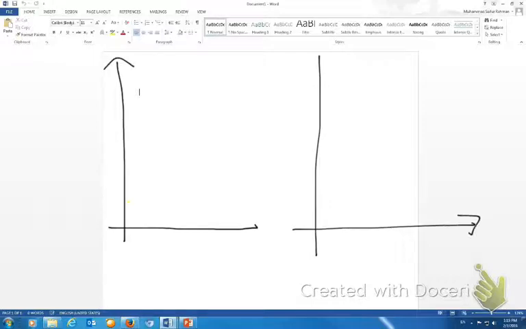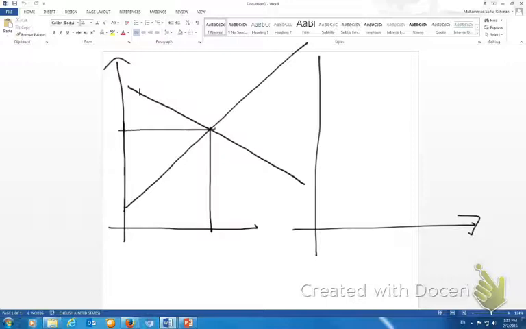let's have the demand curve kind of like this. Okay. Let's have the demand curve very flat, and then have the supply curve like this, and then this is the original market equilibrium price. This is original demand.